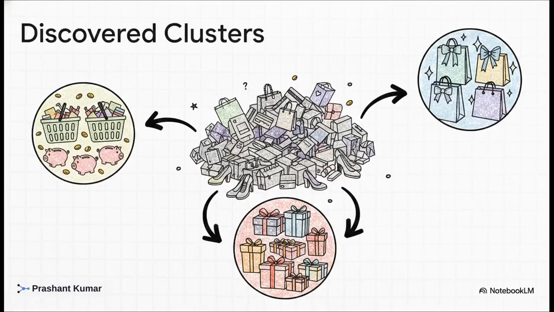And out come these distinct clusters that literally nobody had defined in advance. Suddenly, out of nowhere, you have the budget-conscious weekly shoppers, the impulse luxury buyers, and the once-a-year gift givers. You know, Netflix actually does this exact thing to discover its massive viewing tribes. The humans just handed over the raw data, and the machine found the groups.